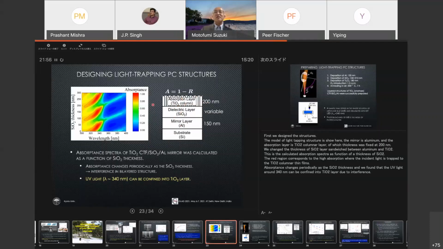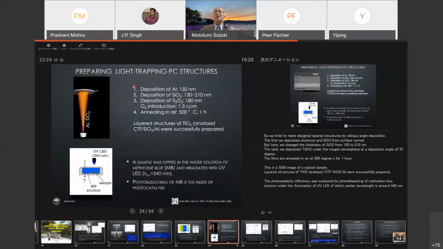The red region corresponds to high absorption, where the incident light is trapped in the TiO2 columnar thin films. Absorbance changes periodically as a function of the thickness of the SiO2. So we found that UV light around 340 nanometers can be confined to the TiO2 layer due to interference.